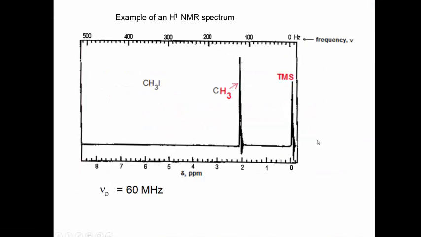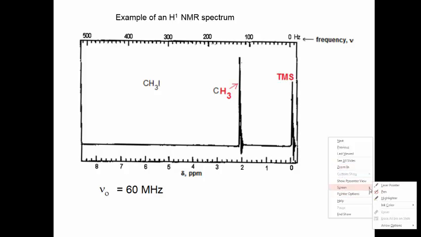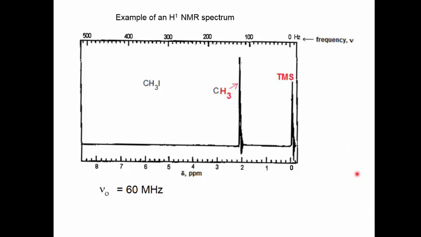Here we see an actual proton NMR spectrum of a compound, methyl iodide, CH3I. There is one signal peak for the 3 hydrogens of methyl iodide at about 2.1 ppm.